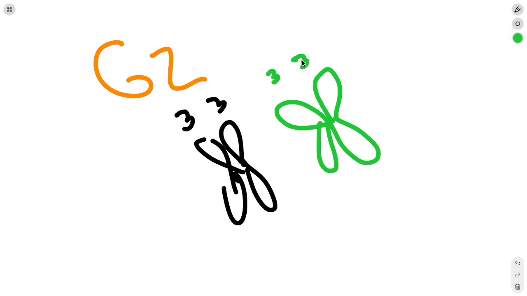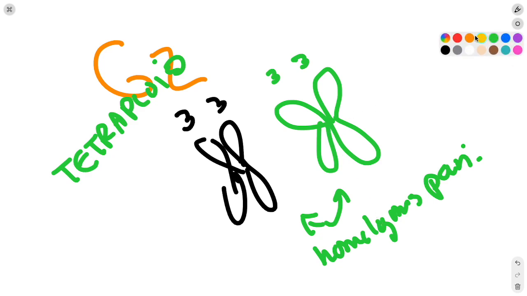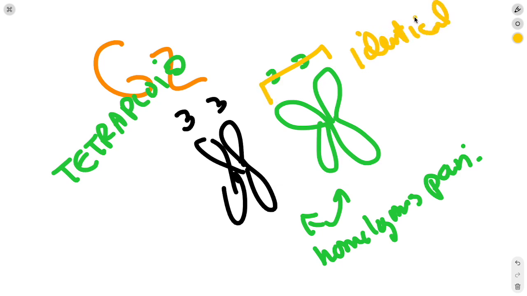And now the cells are said to be tetraploid. And we still have the homologous pair. The homologous pair has been duplicated. And so when we have duplicated chromosomes, these are identical, like photocopies of each other, because that's what S phase does.